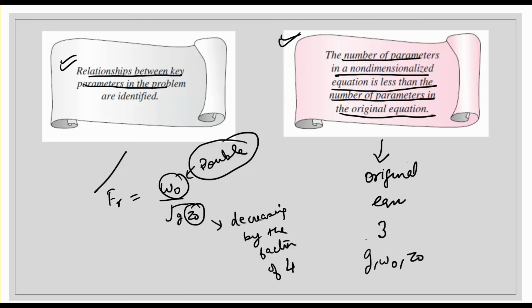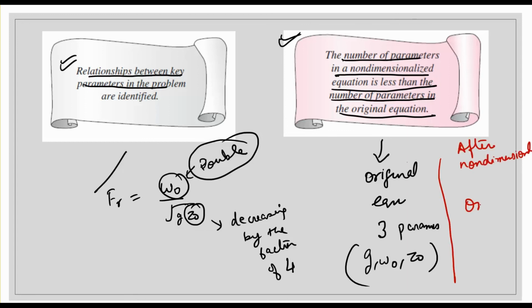But what happened in the non-dimensionalized one? You have only one parameter, that is Fr. So you can see how the number is decreased from 3 to 1. This is another additional benefit of non-dimensionalizing.